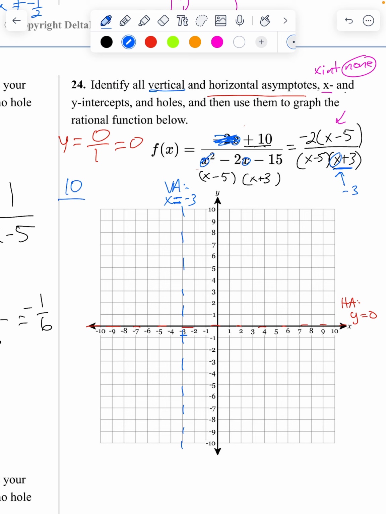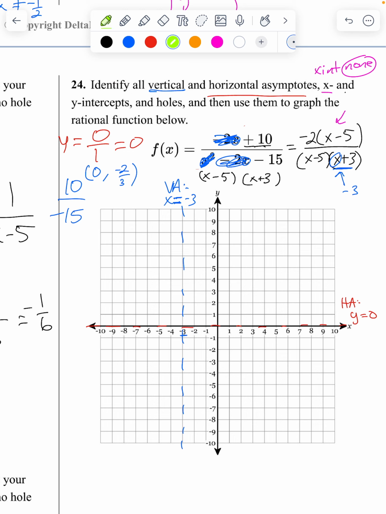And on the bottom, 0 squared would just be 0, minus 2 times 0 would be 0, and then negative 15. So this is 10 over negative 15, which would be negative 2/3.